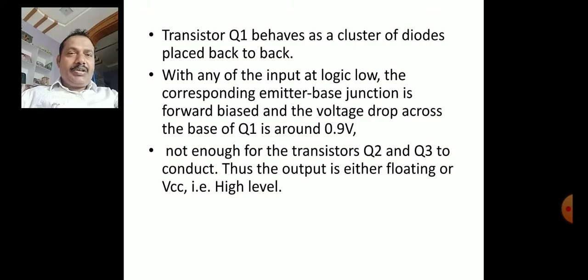So the transistor Q1 behaves as a cluster of diodes placed back to back. With any of the inputs at logic 0, the corresponding emitter junction is forward biased, as I already told you, and the voltage drop across the base of Q1 is around 0.9 volts, not enough for the transistors Q2 and Q3 to conduct. Thus, the output is either floating or VCC, that is high.